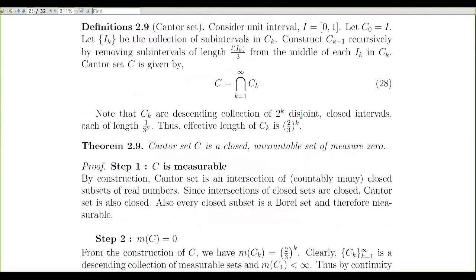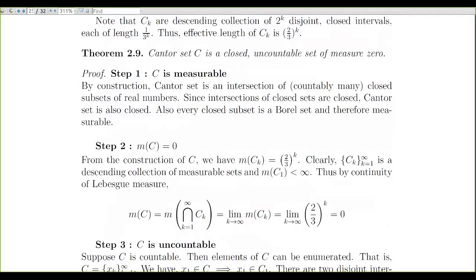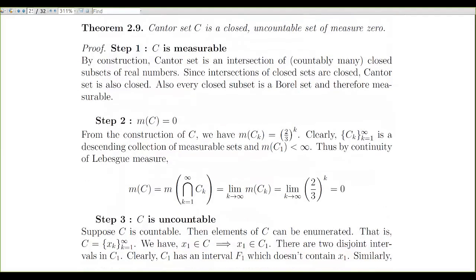That is, the measure of the Cantor set is 0. We need to prove that the Cantor set is closed, uncountable, and of measure 0. First we prove that the Cantor set is measurable. C0 is a closed set. C1 is a union of closed intervals, so again a closed set. C2 is a union of 4 disjoint closed intervals, again a closed set.